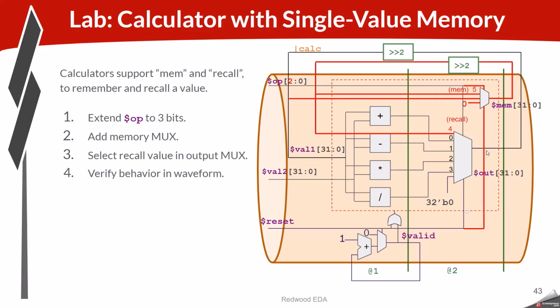We could actually hook that up through 1 cycle, or even immediately from the output of this mux, because in this case, where we're doing a memory operation, the value on the output has been stable for 2 cycles. But it's sort of more regular to say we're taking the value that was computed 2 cycles ago from the previous operation and using that as the input to our memory.